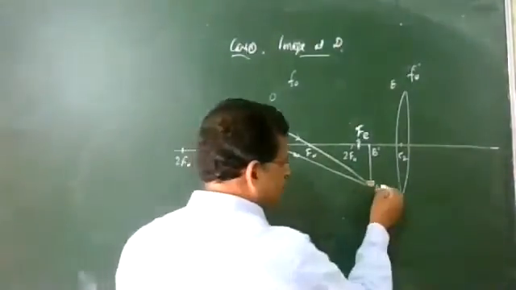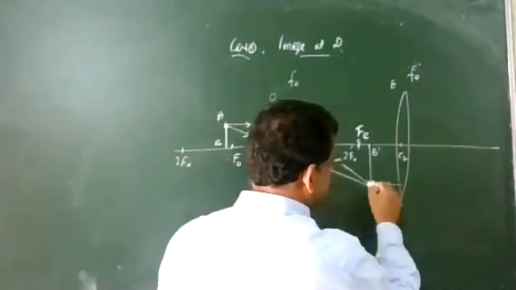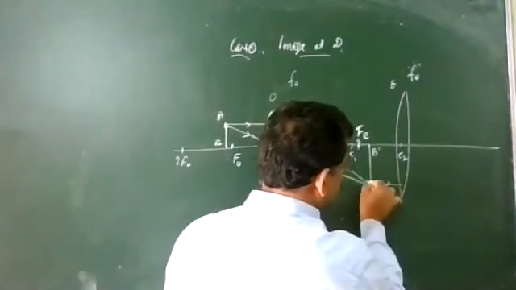For that, we draw one ray, and another ray passing through the optic center.